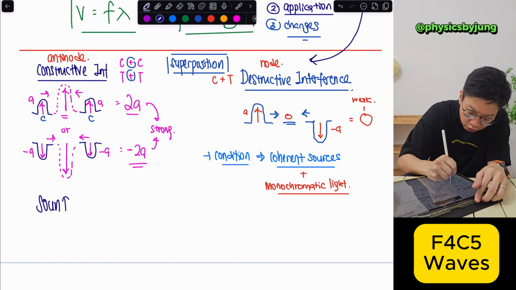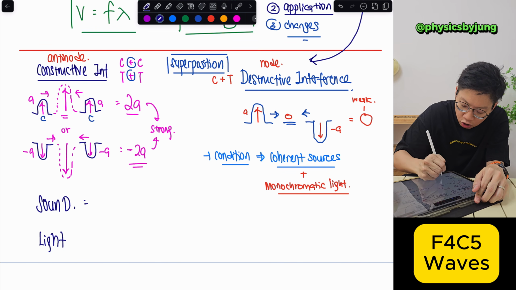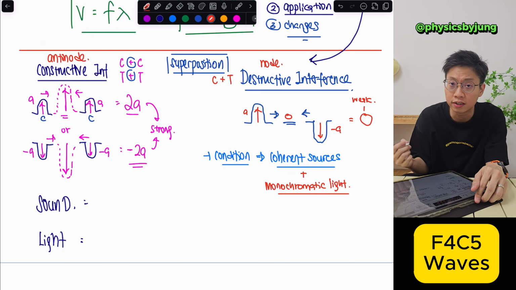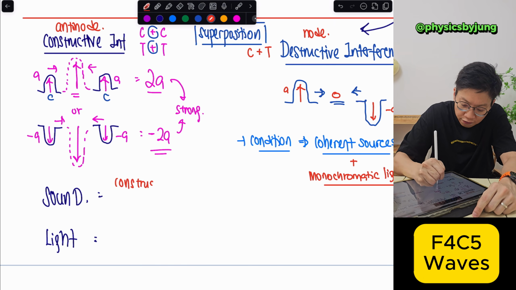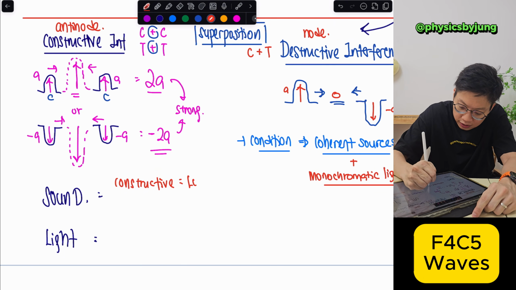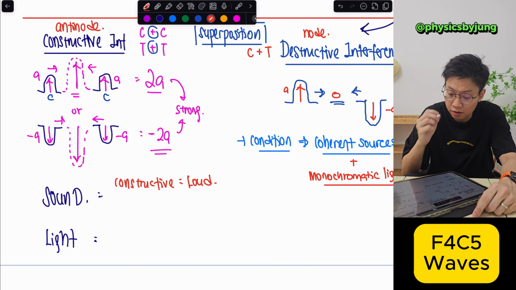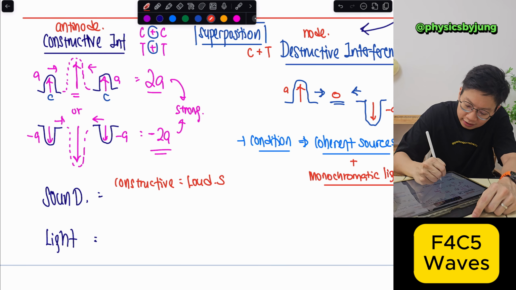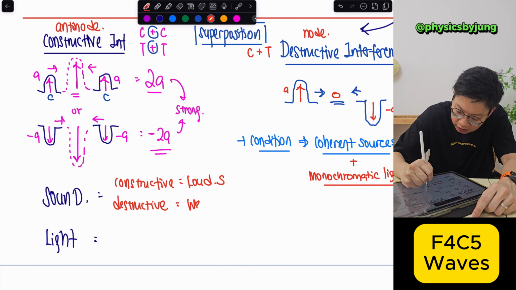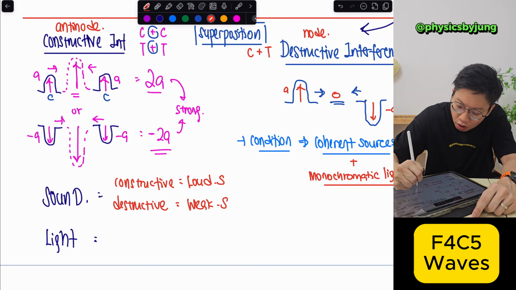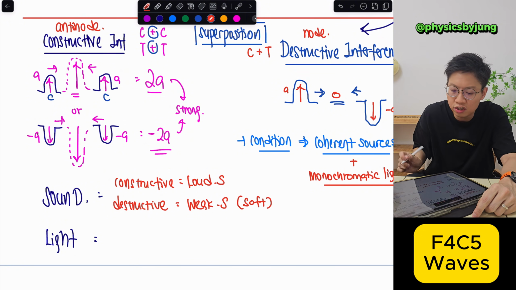Now, for sound waves and light waves, how do I know if it is constructive or destructive? For sound waves, constructive interference usually indicates a loud sound, and destructive interference usually indicates a weaker sound, or they also say a softer sound.